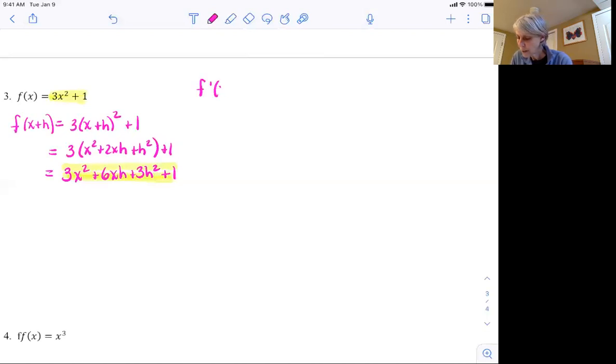F prime of x is going to equal the answer I get when I evaluate this limit. F of x plus h minus f of x, remember, negate each term, all over h.